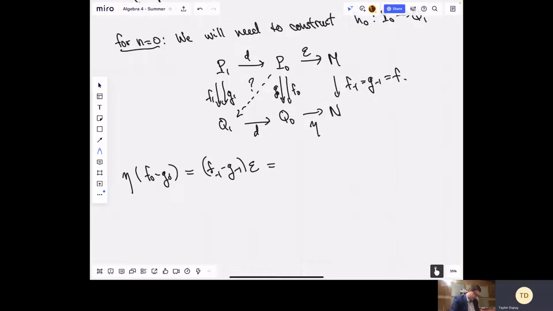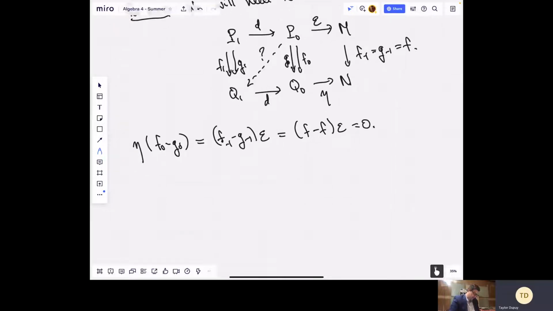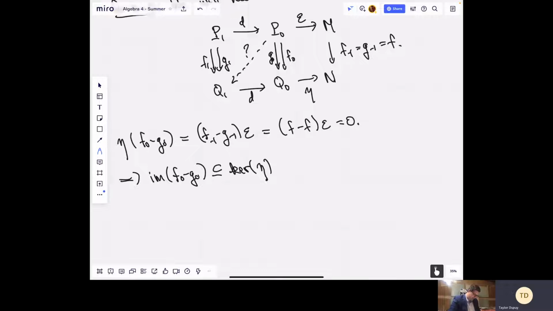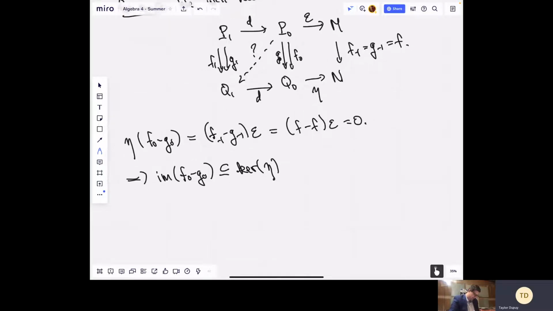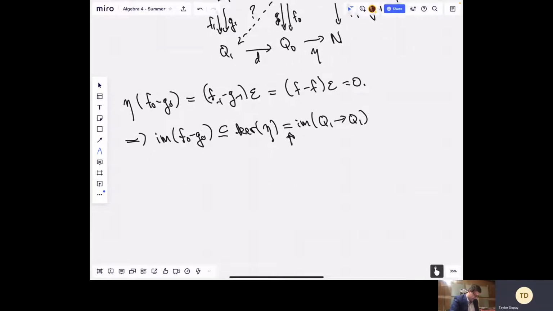But F minus 1 and G minus 1 are the same thing, so it's F epsilon minus F epsilon, and this is 0. So what does that tell us? That tells us that the image of F0 minus G0 is contained in the kernel of eta. But because this is a resolution, the kernel of eta is actually equal to the image of the map Q1 to Q0 above. They are equal by exactness.